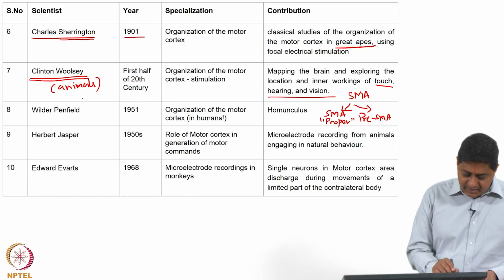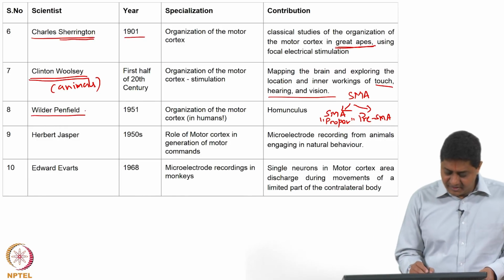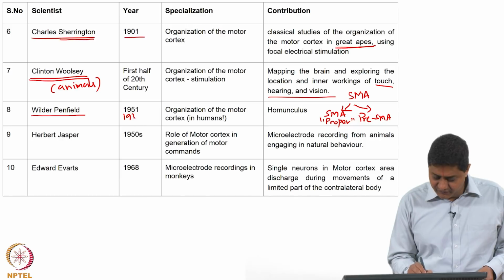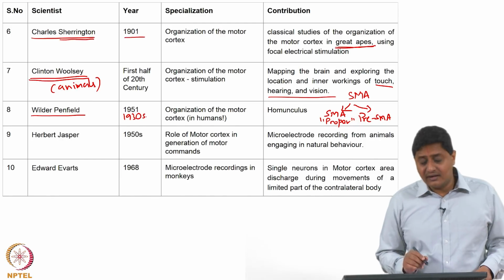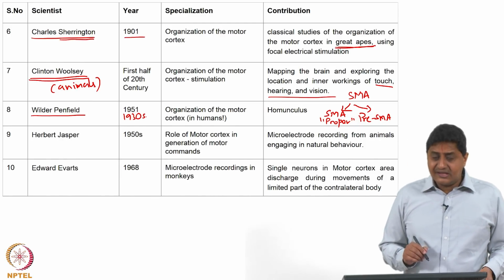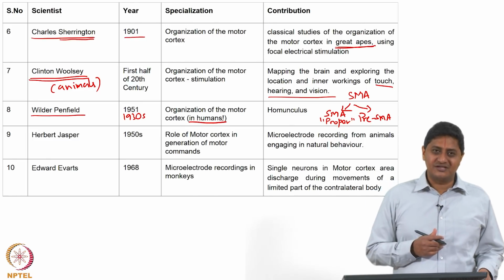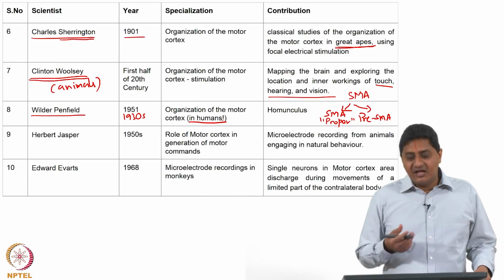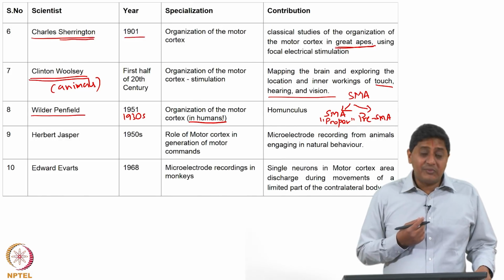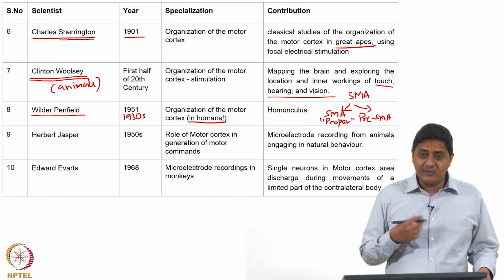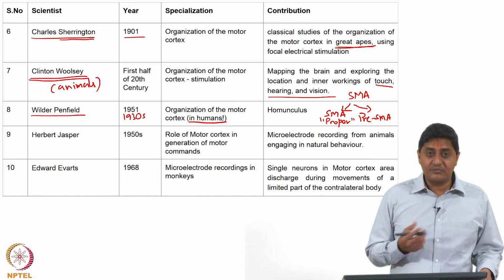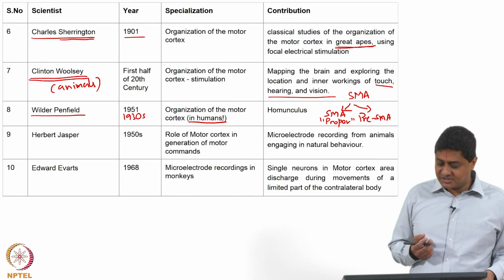And later Wilder Penfield, in the 1930s, 40s and 1950s, studied the organization of motor cortex in humans. How can one do that? Well, obviously these were patients of epilepsy who required neurosurgery, and Wilder Penfield was this neurosurgeon.